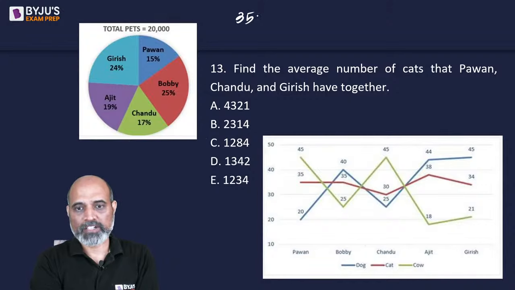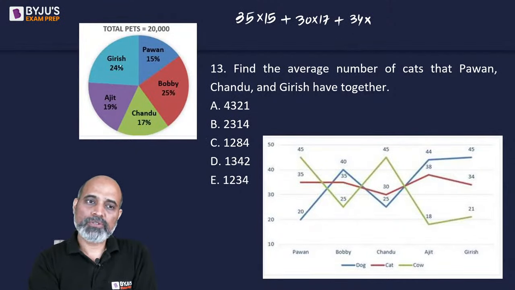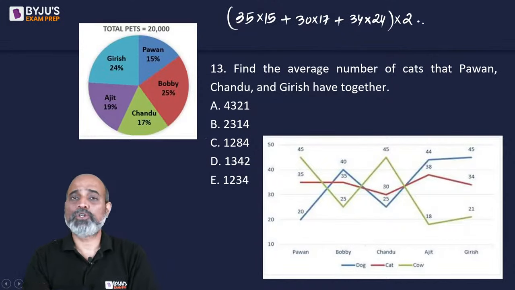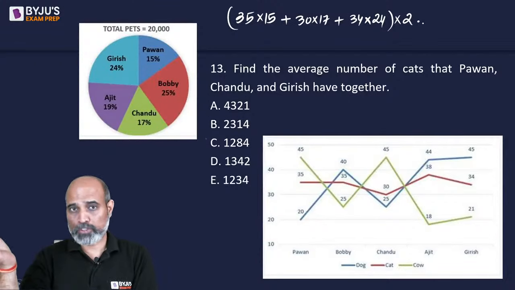I will be doing 35 into 15 plus Chandu bhai sab ke paas hai red wala 30 into 17, that is the green from the pie chart, and then Girish has 34 into 24, and let's not forget into 2. Why into 2? Because the 2 percentages and 20,000 will take care of the 4 zeros. We'll be left with only 2, you know.